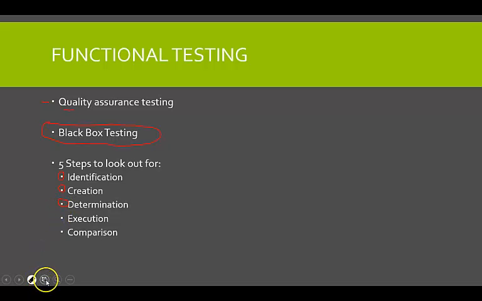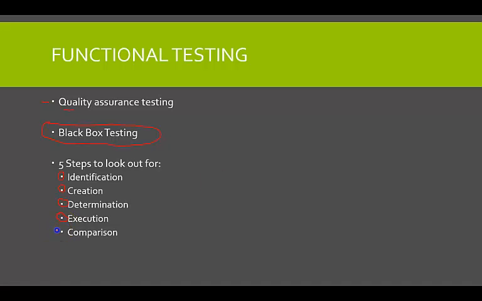So, the execution section is you actually going and creating that email, going and looking at the results. So it's executing the actual testing phase, right? Execution. The last one is comparison. The comparison of the actual to the expected output.